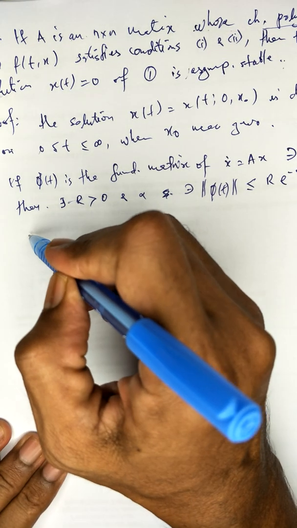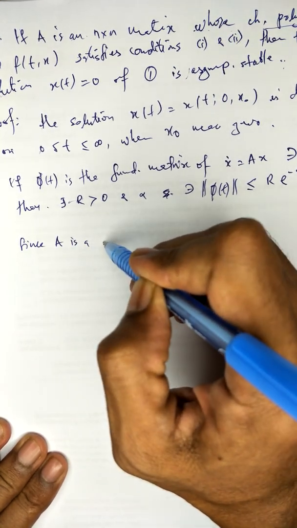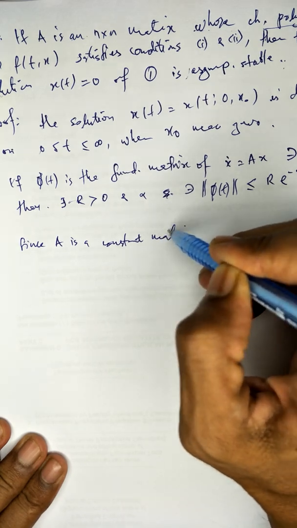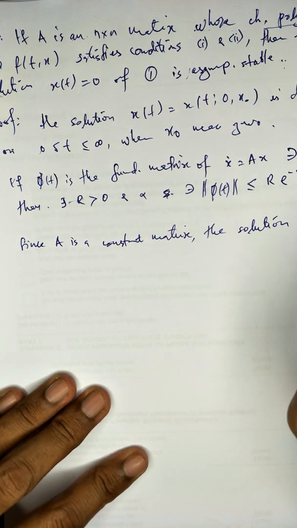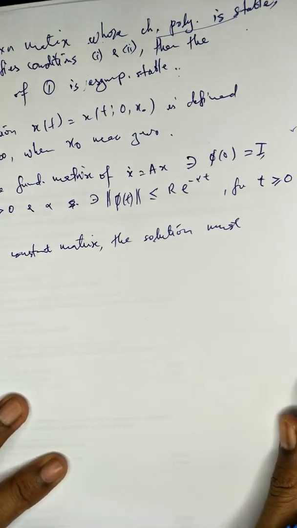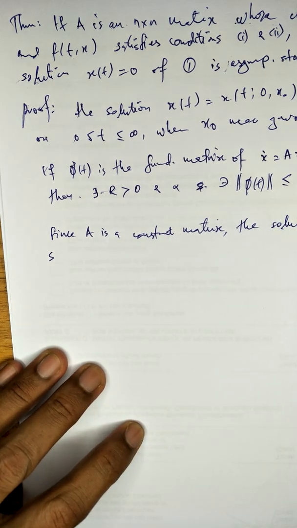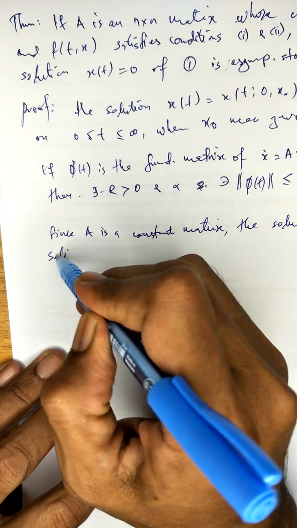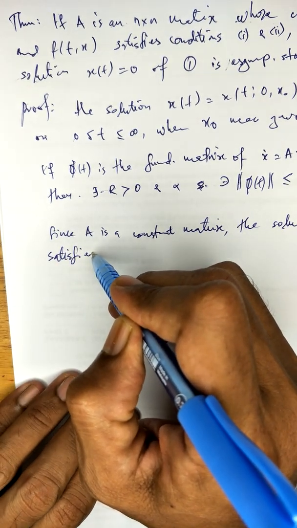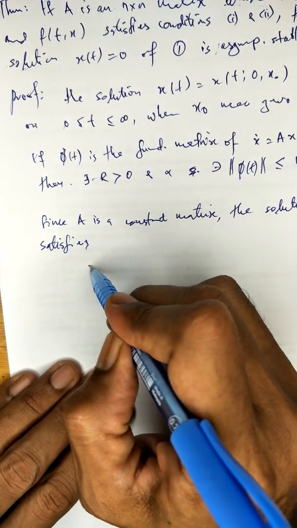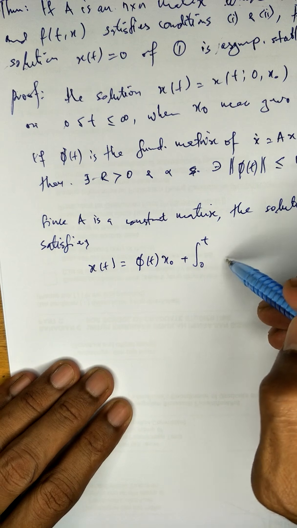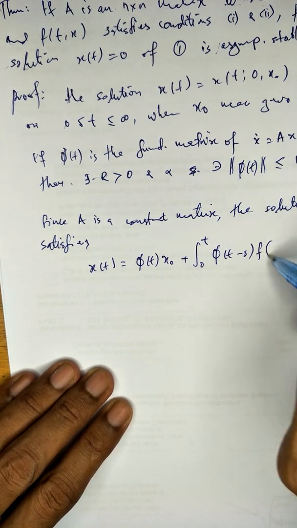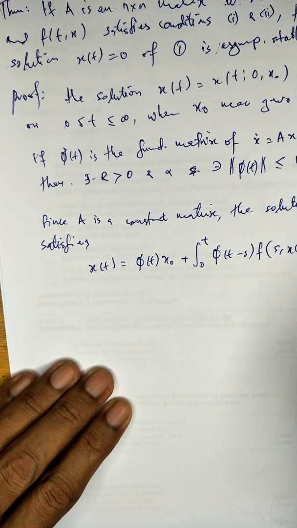Now, since A is a constant matrix, the solution must satisfy the relation x(t) equals phi(t) x naught plus the integral from 0 to t of phi(t minus s) f(s, x(s)) ds.